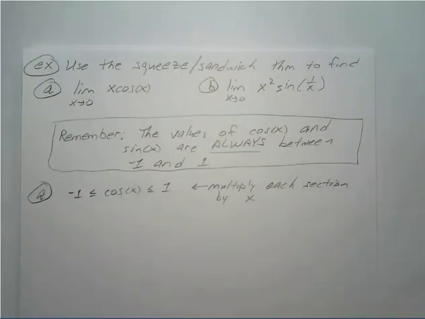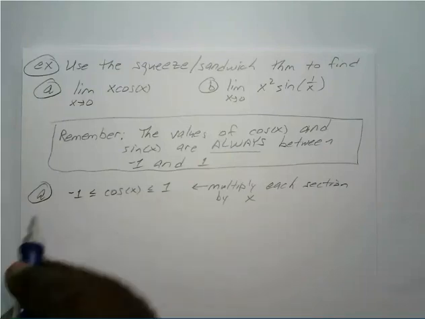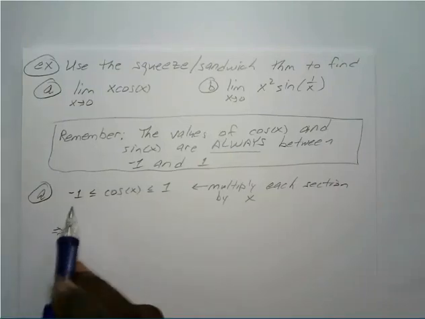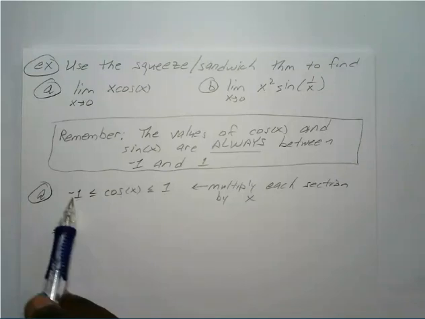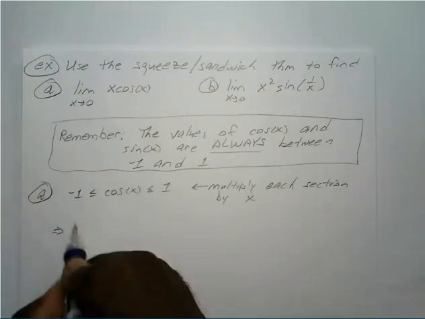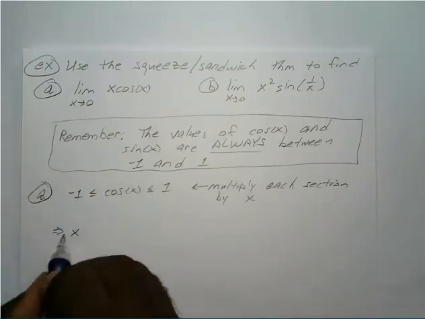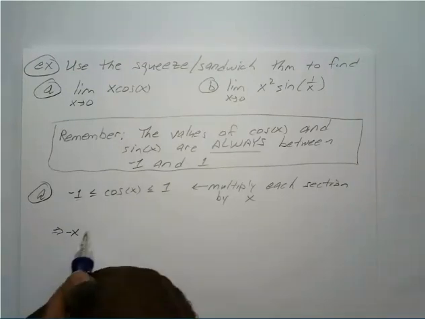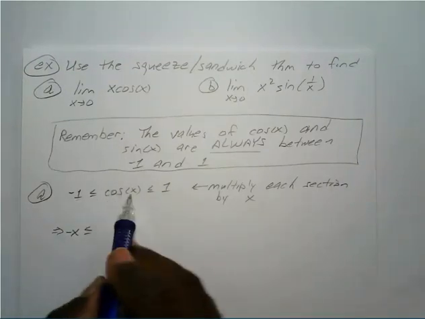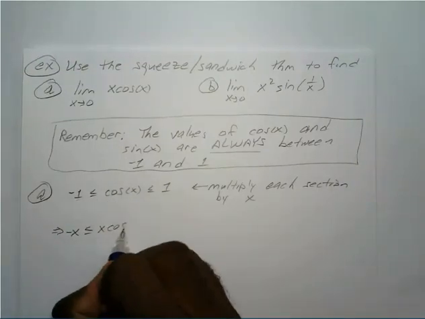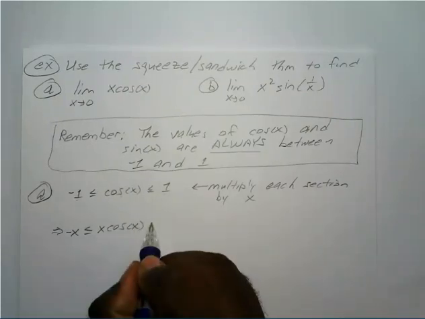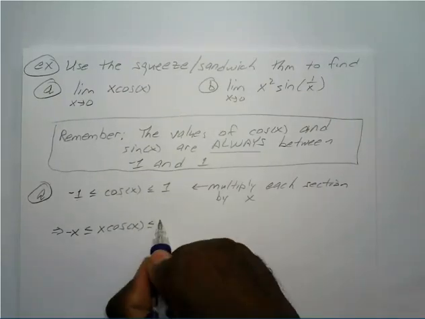Once we do that, we multiply each one of these sections by x, so you have negative 1 times x, which is negative x, less than or equal to x cosine x, less than or equal to x times 1, which is just x.